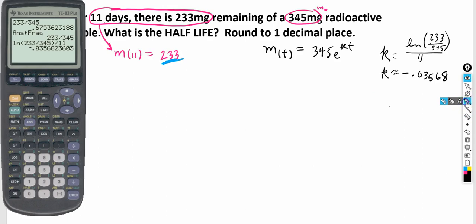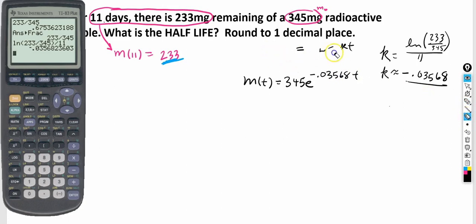And I can come back here and now I can refine this, my equation is 345 e to the k, and I'm going to take this value for k, and times t. So I no longer need this version. So this is my formula, and now I can find the half-life.